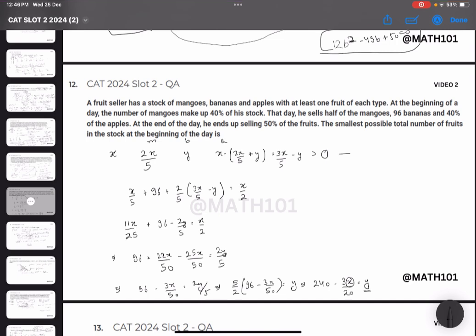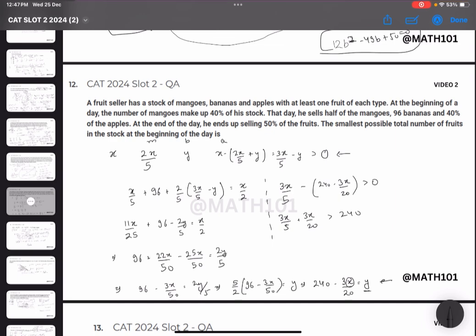So using this inequality and this equation we just got, we'll replace y with this thing. So 3x by 5 minus 240 minus 3x by 20 is greater than 0, which means 3x by 5 plus 3x by 20 greater than 240.